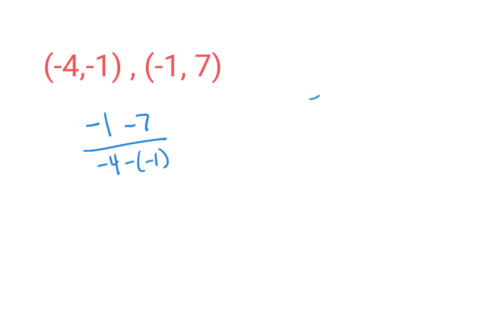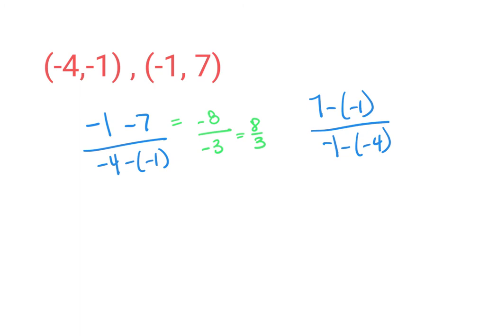Or if I went the other way, 7 minus negative 1, negative 1 minus negative 4, I get a positive slope of 8/3. And so you'll see that when given 2 points, as long as you keep them in whatever order you started in, you will get the same slope.